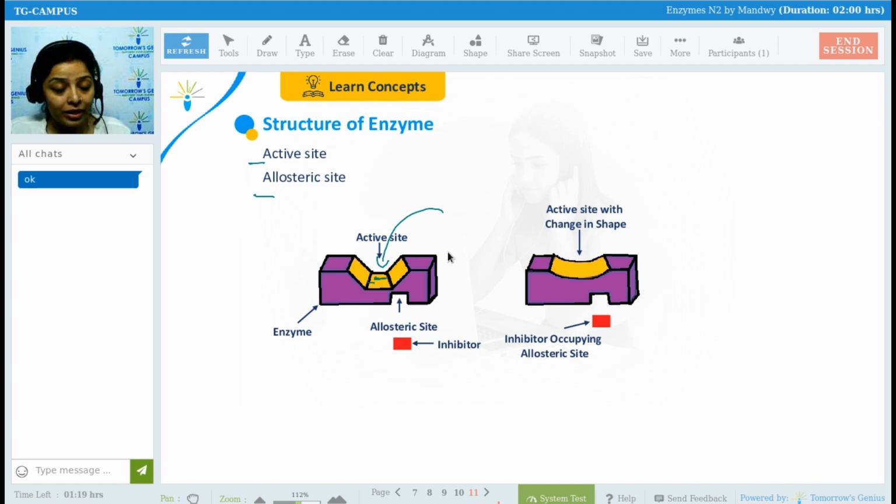Once the specific type of substrate comes and binds to its related active site, what will happen? The reaction will be catalyzed. Are you getting me? So what will be the definition of active site?